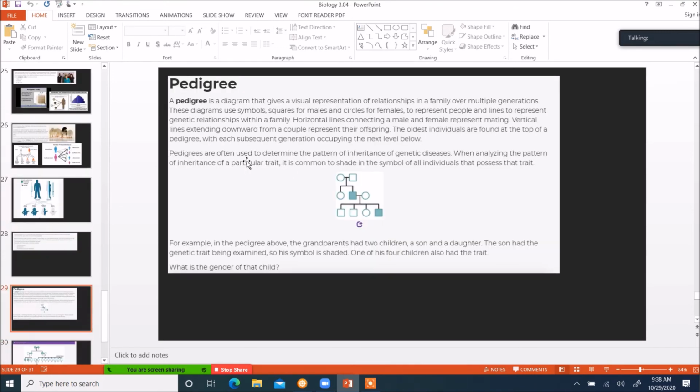Now, this is called a pedigree. This picture over here, what it does is it shows a family tree. It's basically a family tree. All the circles represent females and all of the squares represent the male. So over here, this father in the square and this mother have these three children, for example, these two children.